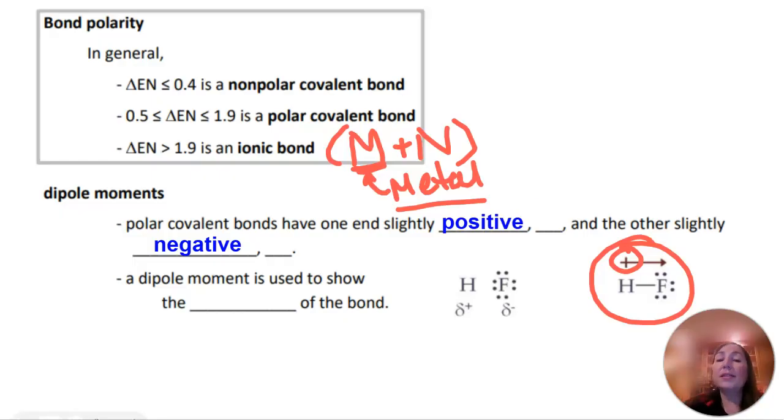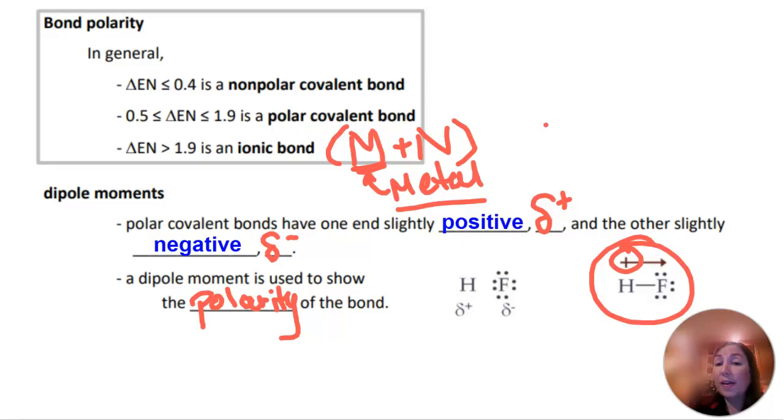And so that positive end can be indicated with this little delta plus, and this little delta minus can be used to show that there's a slightly negative end, and that is called the dipole moment. So the dipole moment is just used to show polarity of our bonds and show that the bond is polar.